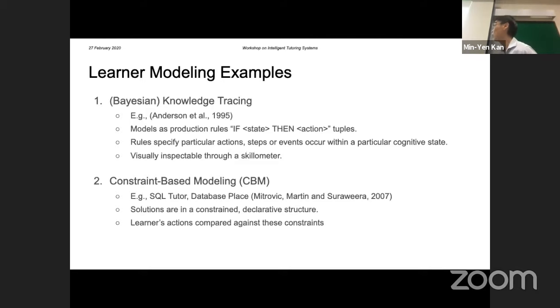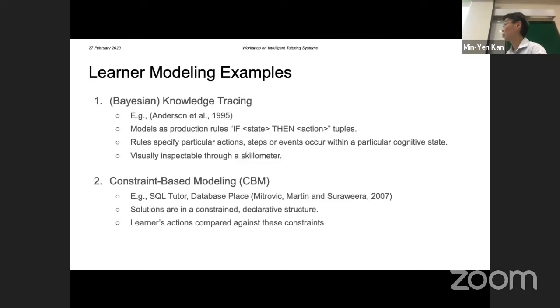I like to think of knowledge tracing as a pathway to learning, meaning that a learner has to go through a series of steps to arrive at an answer. So when we think of math, that's very much the case. It's procedural, right? There are certain steps that you follow. You know which steps to take to get to the answer.